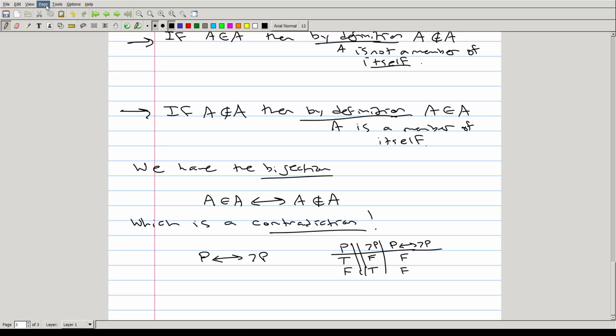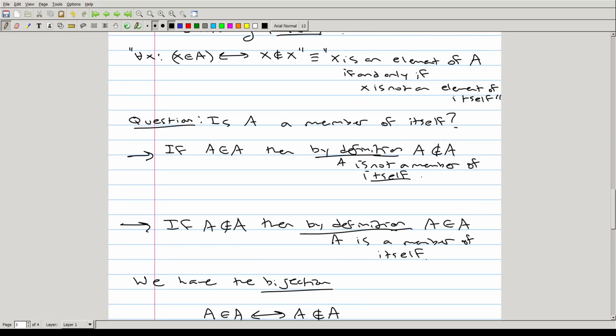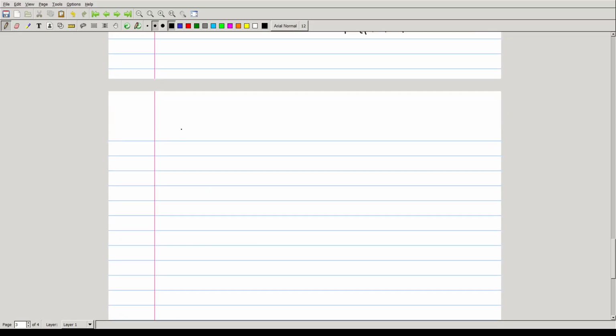So this is, in some sense, a very big problem that we have to resolve, and the resolution is relatively straightforward. The statement A is an element of A is not a valid proposition in set theory.